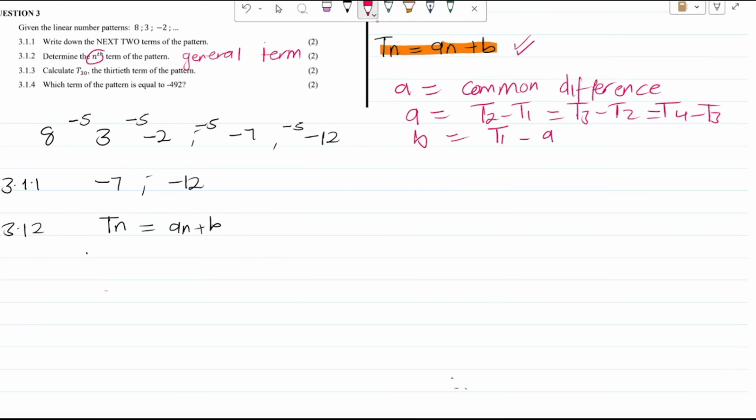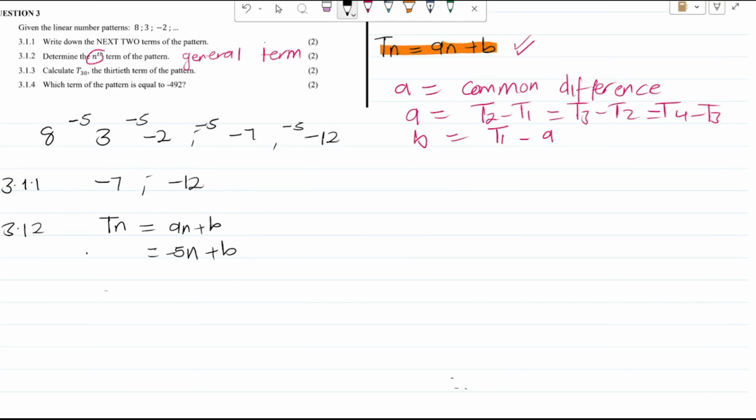But there is another way, as I mentioned in the previous video, and I will show you that as we do the question. For this one, we can see that the common difference a is -5. So our nth term will now be -5n plus b.